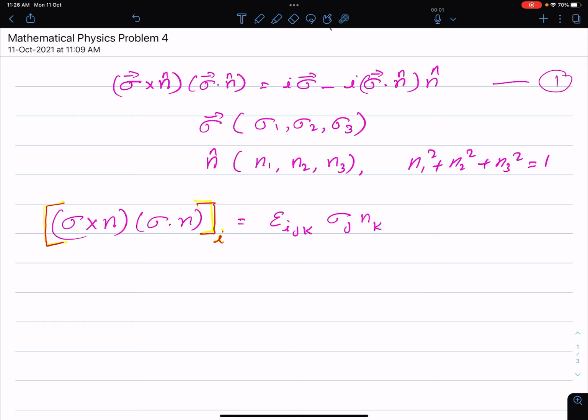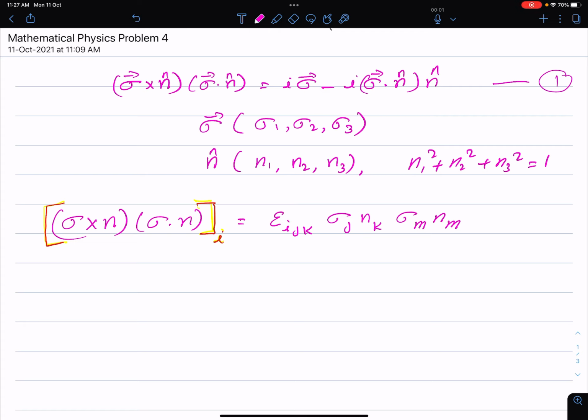So basically that is the first part of this equation. Then sigma dot n can be written as sigma m n m. So epsilon i j k, sigma j n k for sigma cross n, and sigma m n m for sigma dot n.